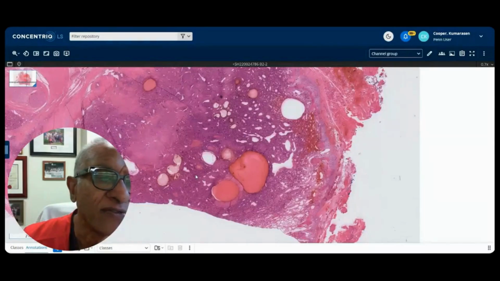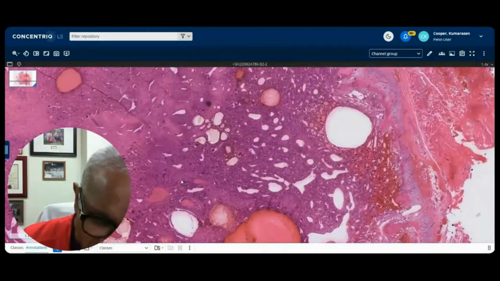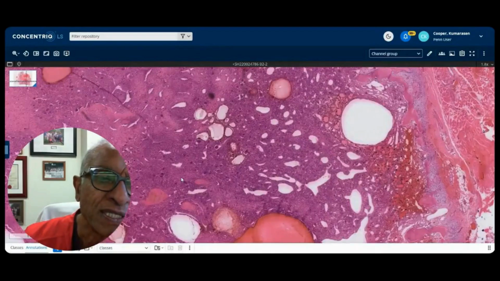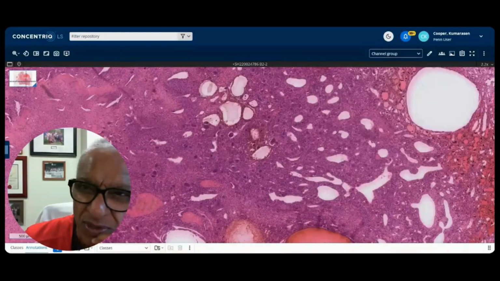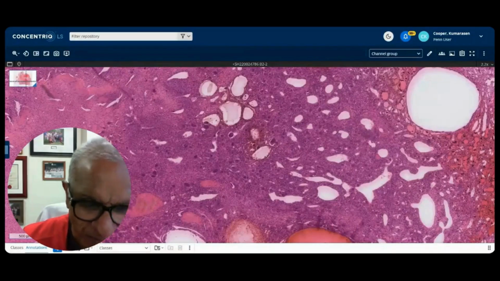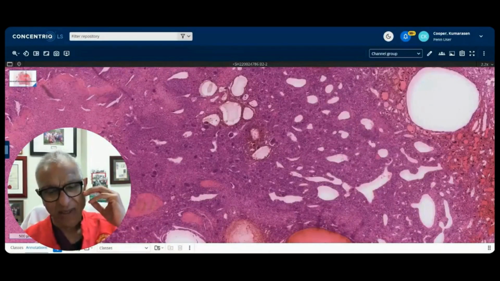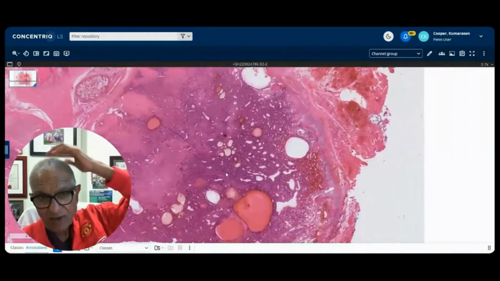And the best way to confirm this would be with a USP6. That's the ubiquitin specific protein 6, which is a gene that's rearranged in these tumors, the ABC, aneurysmal bone cysts, and USP6 was rearranged in this. And so with the radiology and the morphology, this would fit with the solid variant of an ABC.